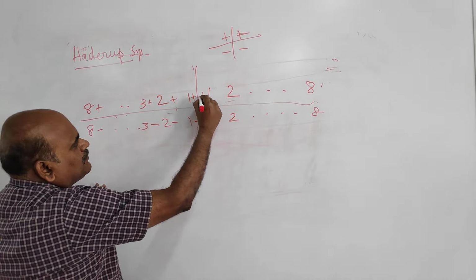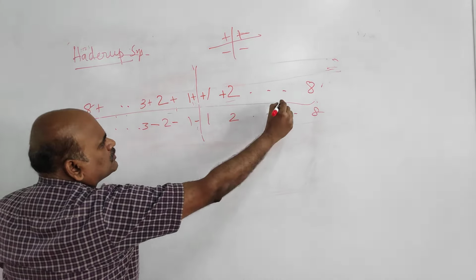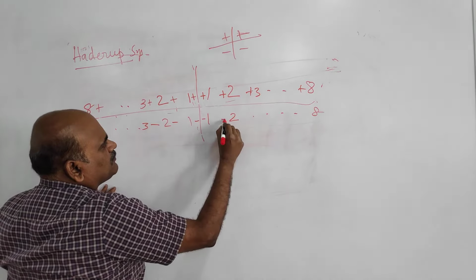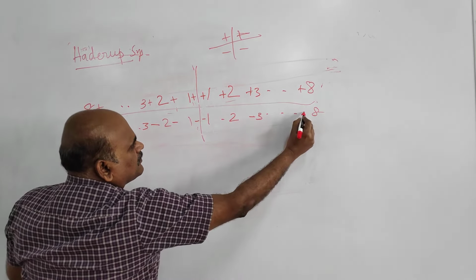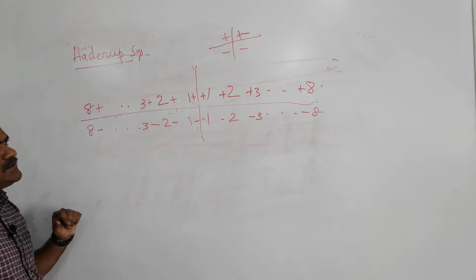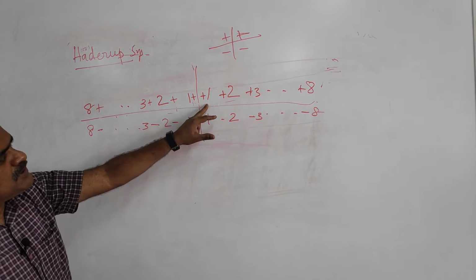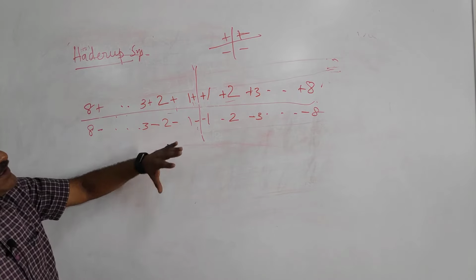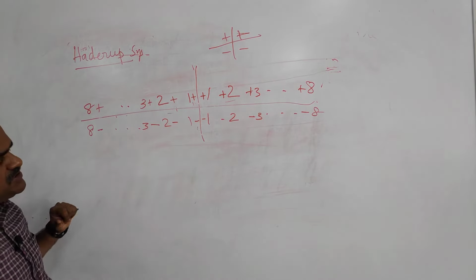Similarly, here plus 1, plus 2, plus 3, plus 8, minus 1, minus 2, minus 3, minus 8. So whether it is 1 plus or plus 1, 1 minus or minus 1, in this way we can make out which quadrant the tooth belongs to.